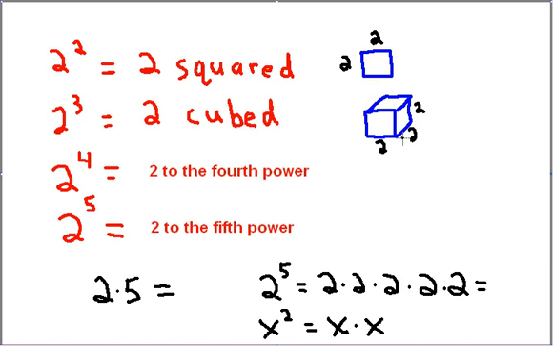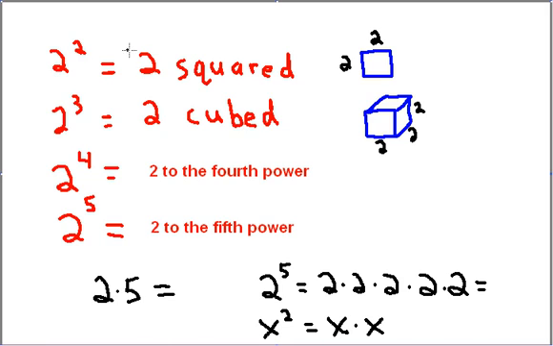And since that can be used to illustrate the 3 lengths of a cube, they give a special name to 2 to the 3rd power, and they also call it 2 cubed, because a cube with the same dimensions of 2, 2, and 2 works out to give you the volume of that cube. So don't get confused by it.